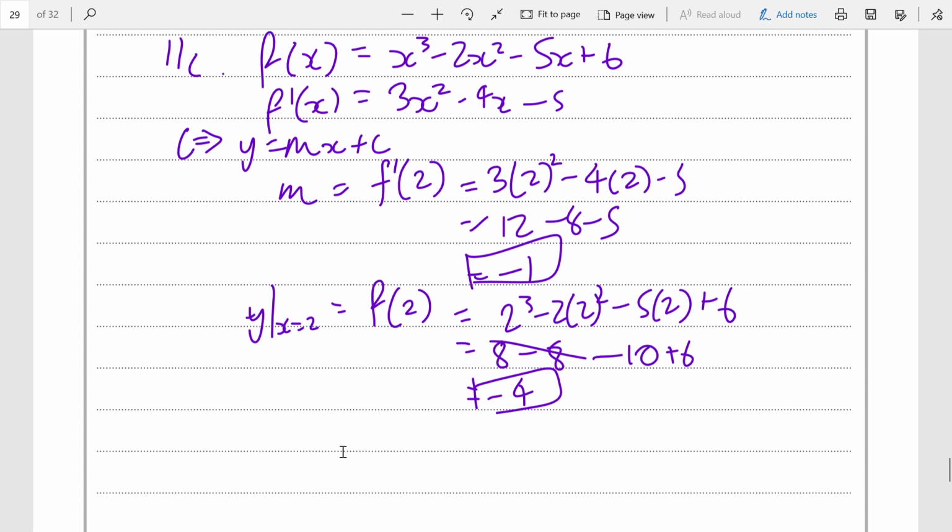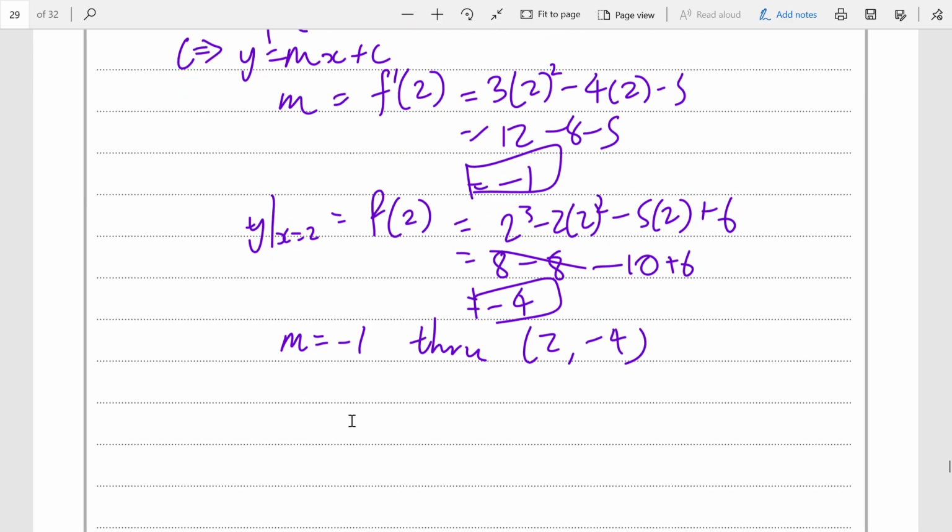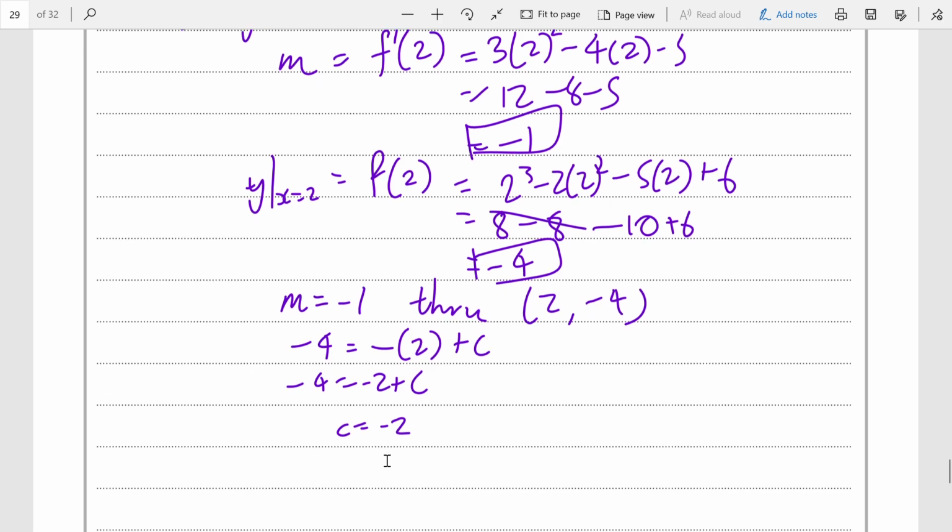So it's got a gradient of negative 1, and it passes through the point (2, minus 4). That means y minus 4 is equal to negative x plus c, or negative 2 plus c, or minus 4 is minus 2 plus c, and in this case c is minus 2, because we're adding 2 to both sides here.